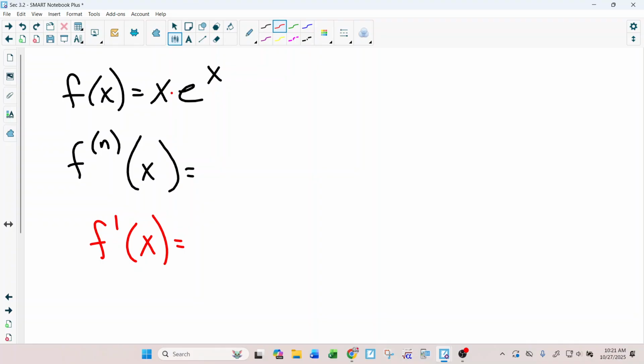It's x times e to the x. Derivative of the first, what's the derivative of x? 1 plus the first times derivative of the second.